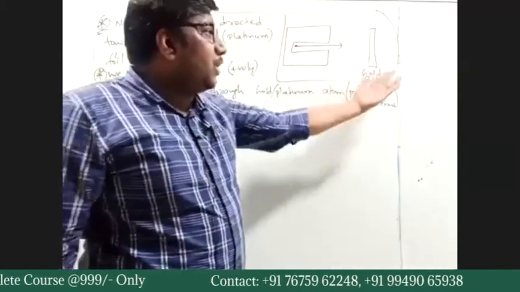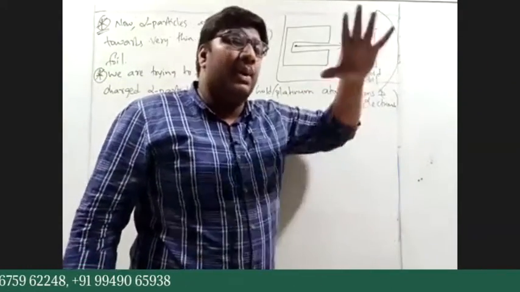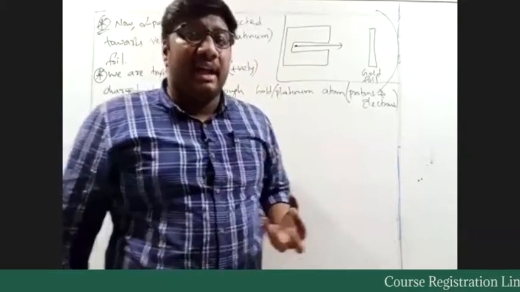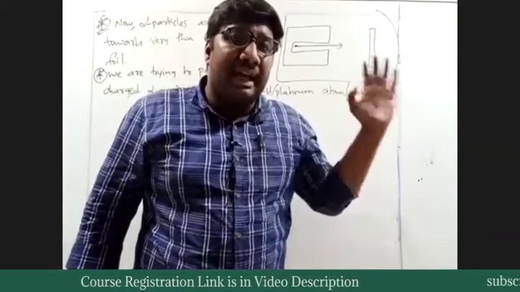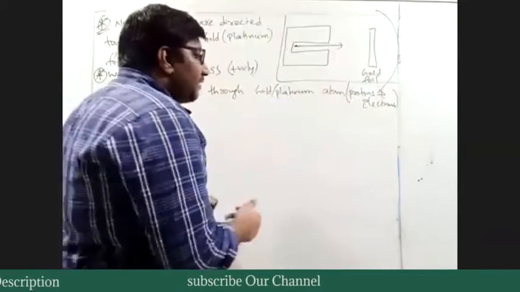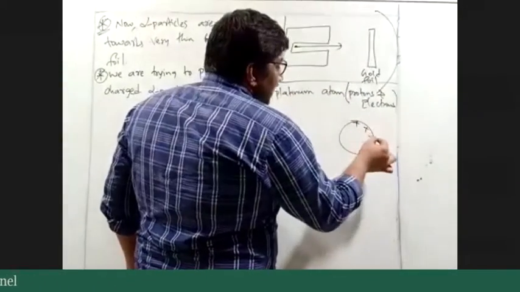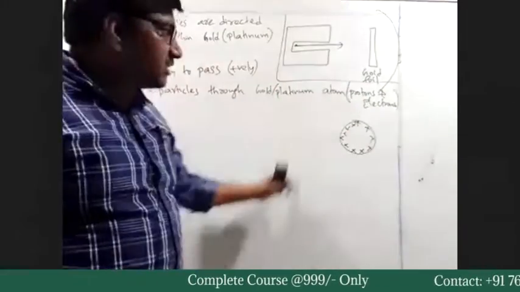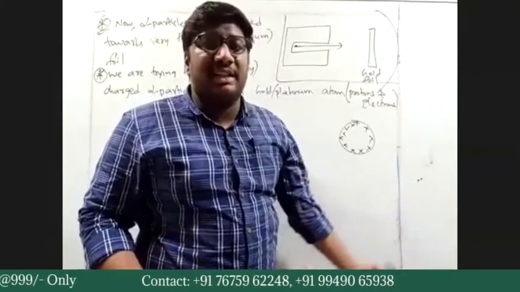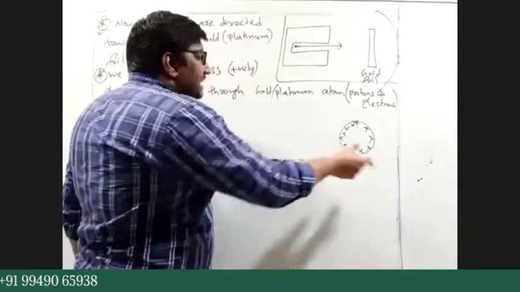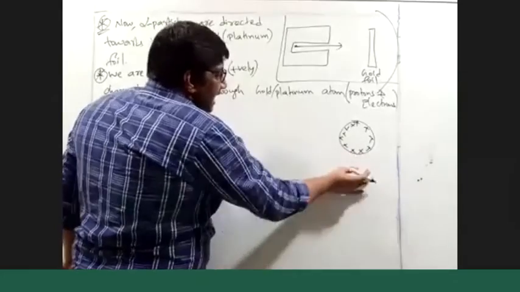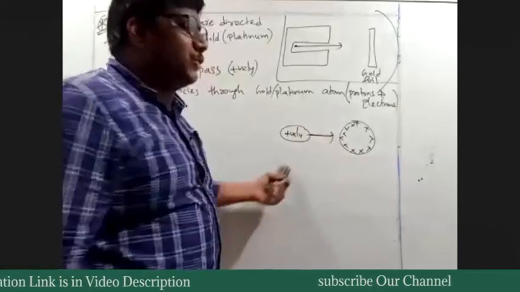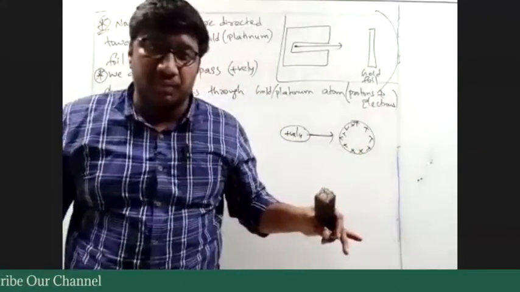If the gold atom has protons across all its surface, when the complete surface is positively charged, if we think like that, because they don't know how the protons and electrons are inside the atom, then the positively charged alpha particle will never pass through this foil and the screen will never glow.